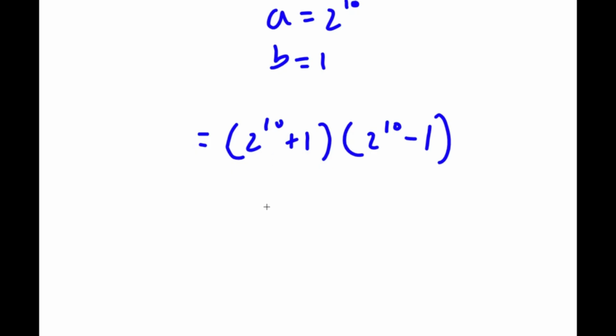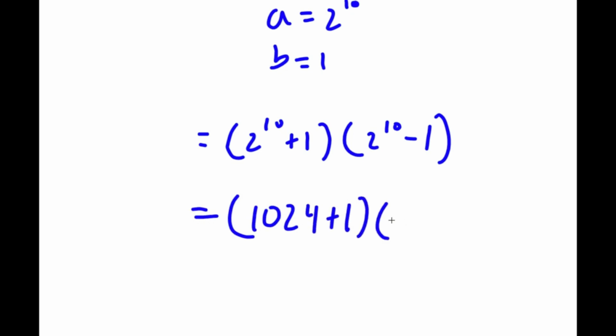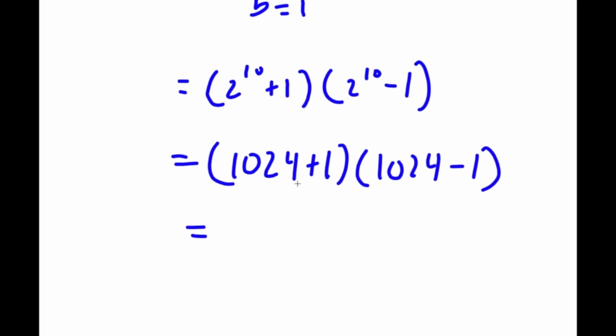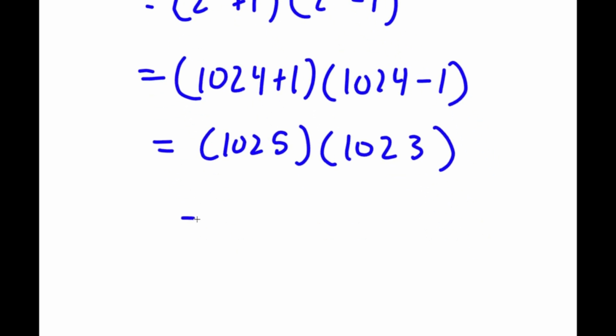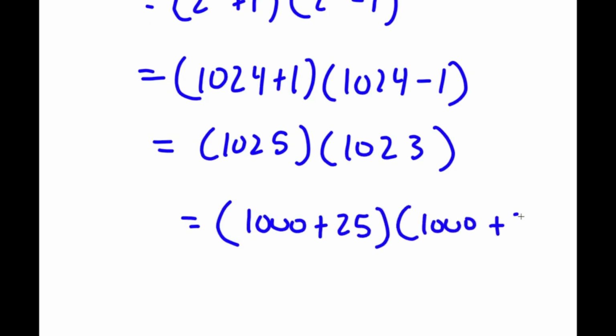So if you guys didn't already know, 2 to the power of 10 is equal to 1024. So now I have 1024 plus 1 times 1024 minus 1. 1024 plus 1 is 1025. 1024 minus 1 is 1023. Now I'm going to write this as 1000 plus 25 times 1000 plus 23.